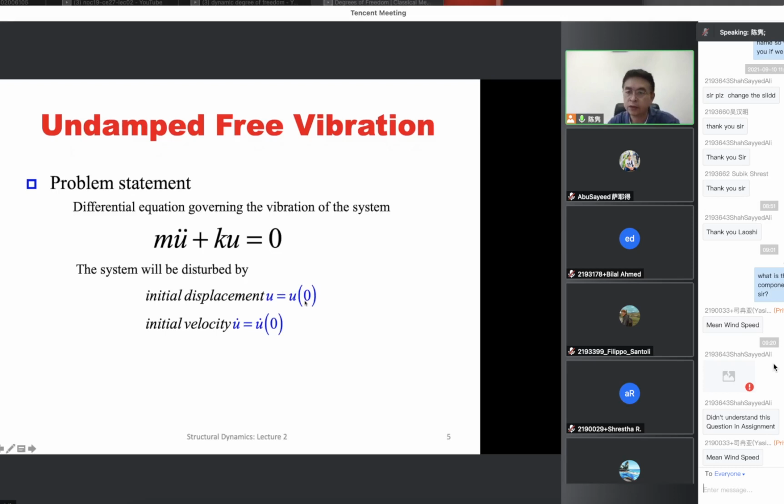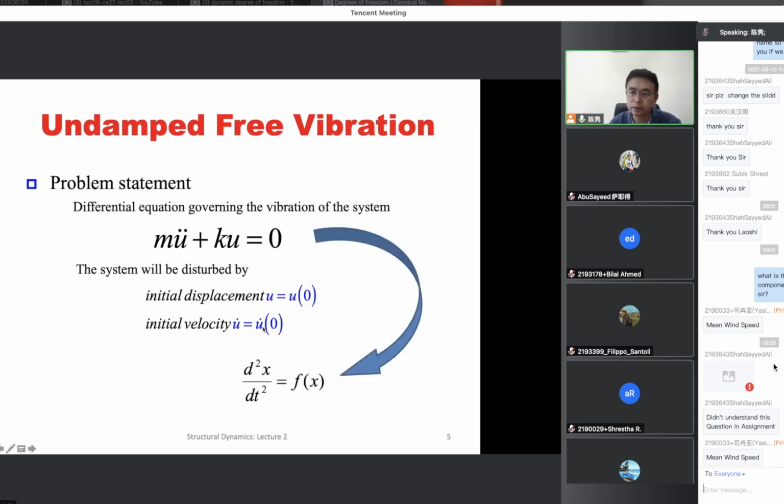So these are all the conditions we have for this problem. This is the equation of motion, these are the initial conditions, and then we need to calculate the response U due to U0 or U0 dot.